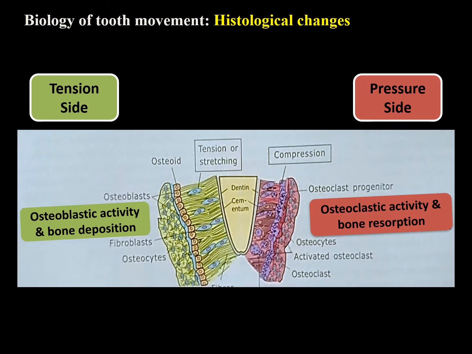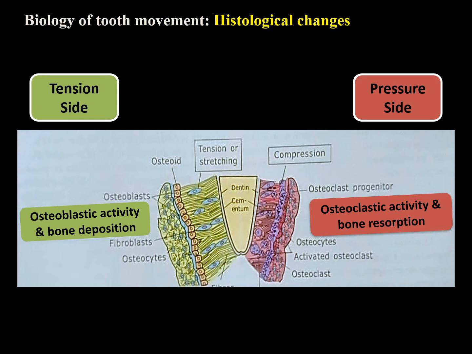This slide shows what histological changes happen when a force is applied. On the tension side, you will see osteoblastic activity and bone deposition. However, on the pressure side, you will see osteoclastic activity and bone resorption.